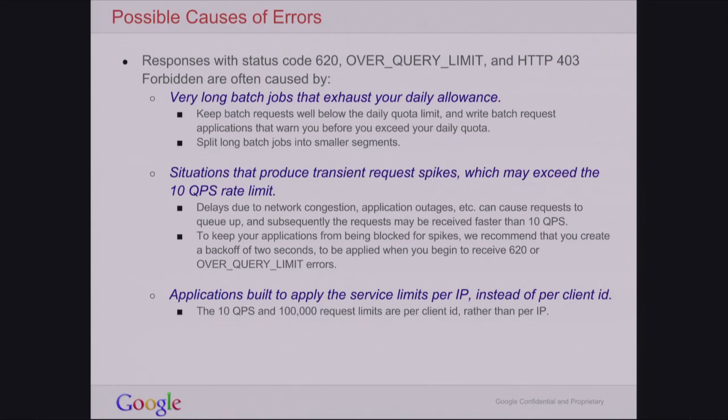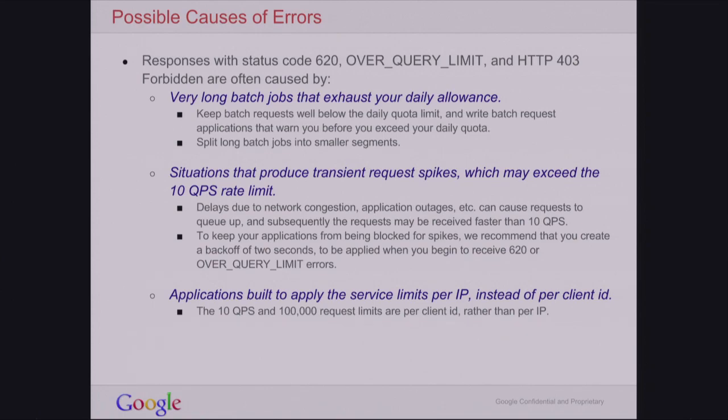And so the easiest workaround for this problem is to introduce some sort of backoff or throttle within your script. Let's say you introduce a 2 to 3 second backoff; that could ensure that no more than 10 requests are being sent in a period of 1 second. This way you will ensure that you don't hit the QPS limit, and any occurrence of the over query limit error code will very likely be generated because of the QPD violation and not the QPS.